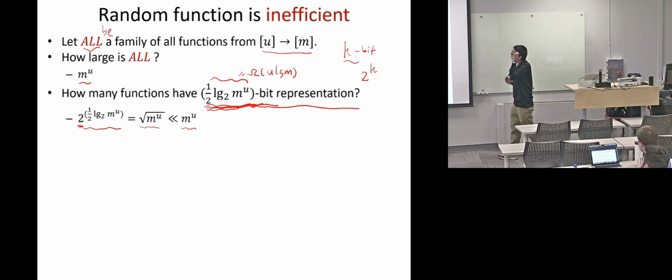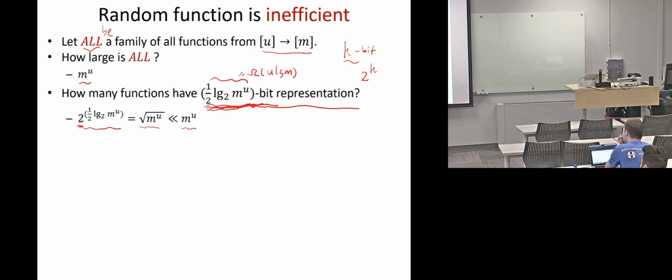It means that there are M to the U functions, and only a few of them can be represented in this much space, which is U log M. It means that most of these functions take more than this much space.